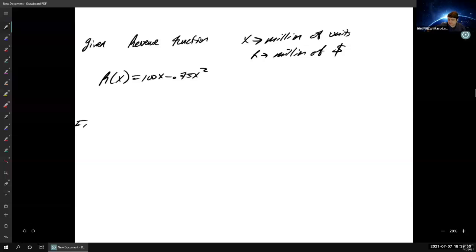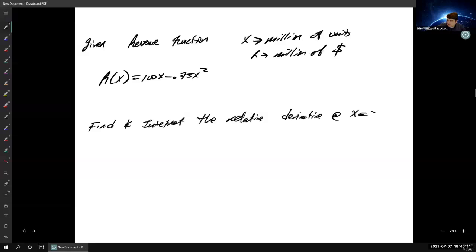Find and interpret the relative derivative at x equals 2.